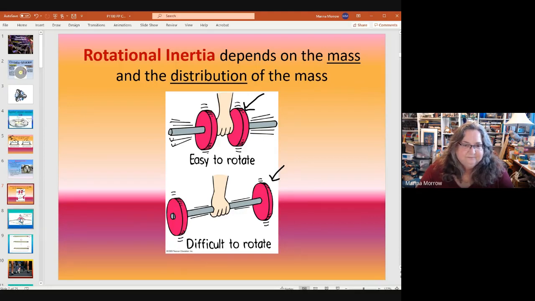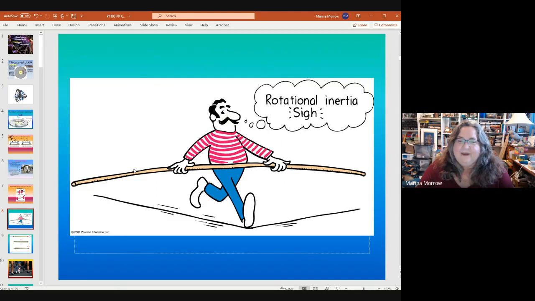Now, when I was a kid I watched acrobats at the circus and they did the tightrope walking. And sometimes they carried umbrellas and long poles. And I thought, wow, they're just making it more difficult for themselves by carrying things. Turns out that's not how it works. By having this long pole, they are actually spreading mass out and increasing rotational inertia.